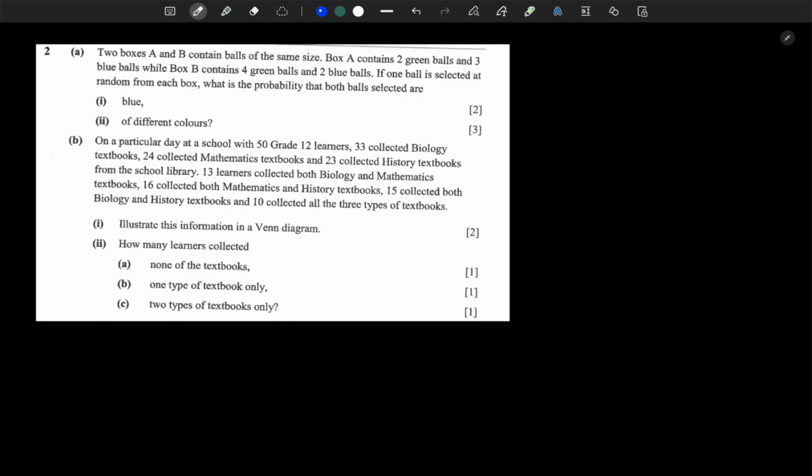So for question number 1, we are told to illustrate this information in a Venn diagram. How do you write a Venn diagram? You need to start by drawing a rectangle.